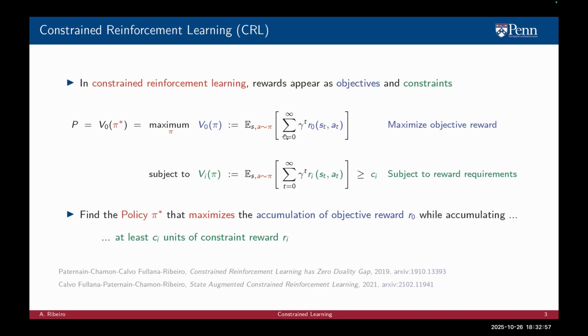These optimization problems are sometimes a little wicked to understand because the optimization variable is on the probability distribution. Anyway, that's what we call the value function, and we want to maximize this value function. In a constrained reinforcement learning problem, you also have some rewards that appear as constraints.